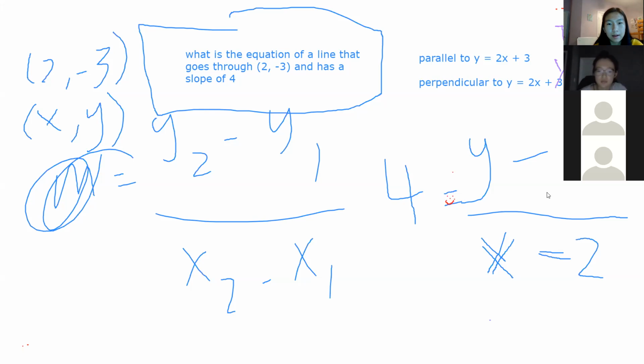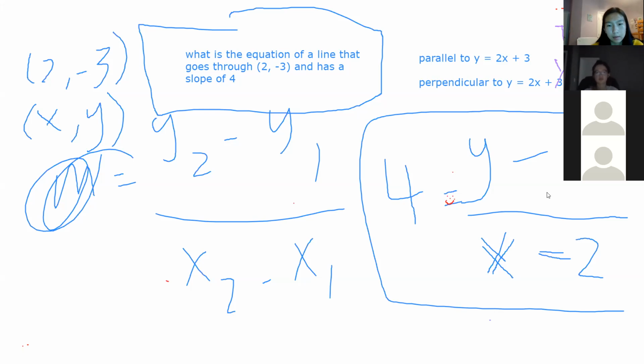And then at this point, we have all the information we need to make a line. So all you have to do is multiply the bottom part over, or simplify this.